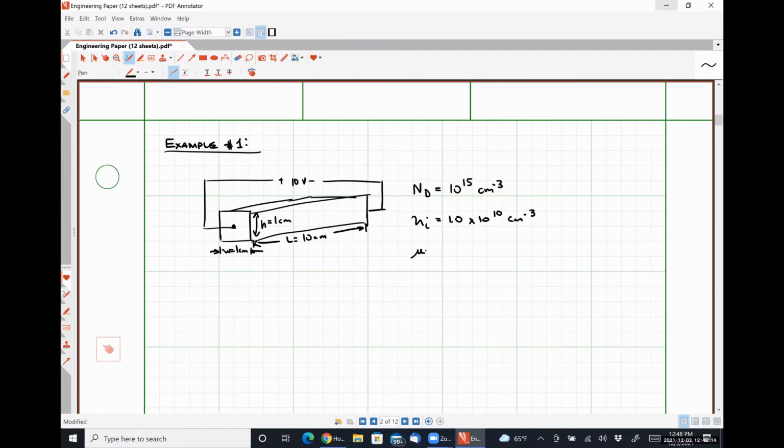Let's say that our electron mobility, mu n, at this doping level is 1,250 centimeters squared per volt second. And our hole mobility at this particular doping level is 300 centimeters squared per volt second. And our goal is to determine the total drift current flowing through our crystal.